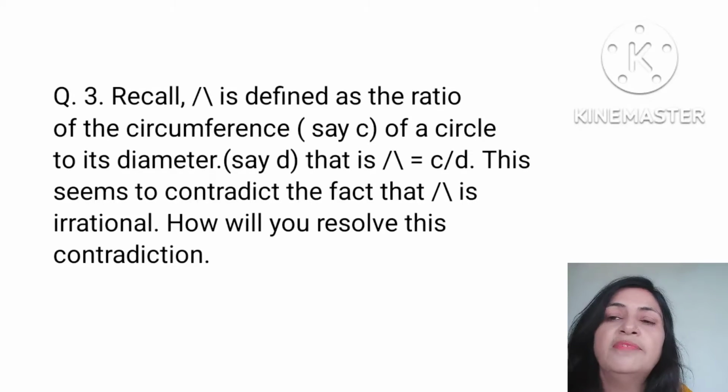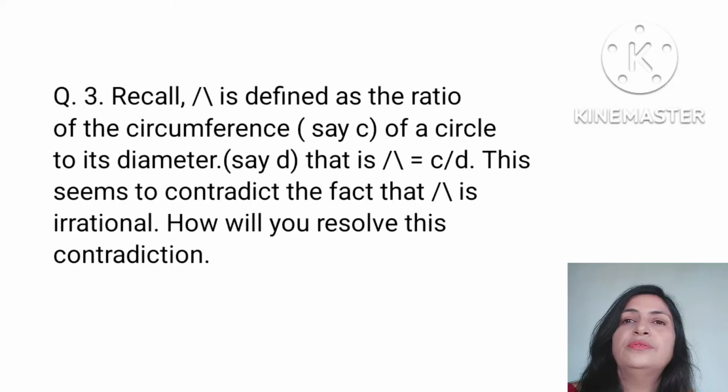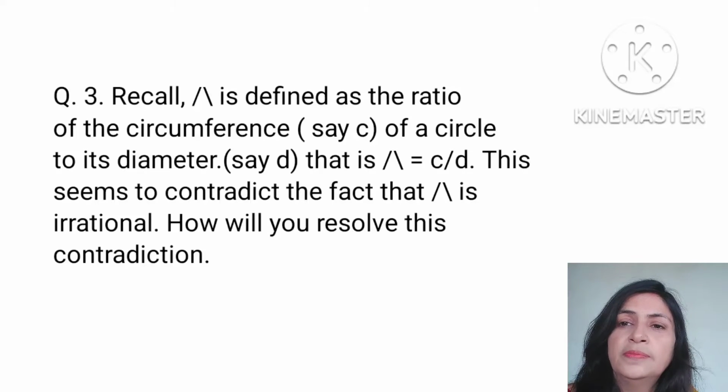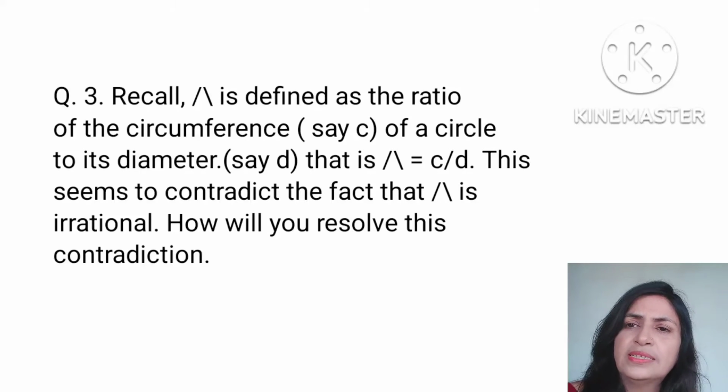Pi is equal to C by D, and pi is equal to 2 pi r by D. Here we use pi as an approximate value in decimal points, not as non-terminating.